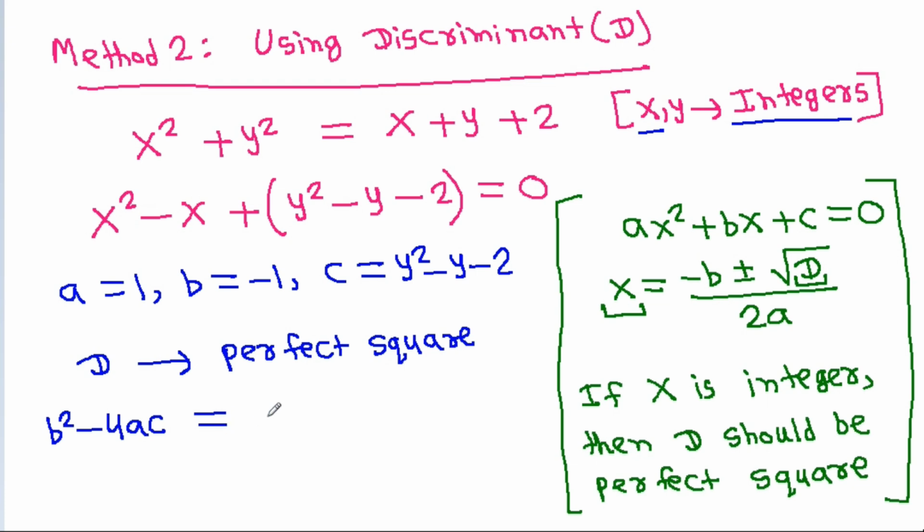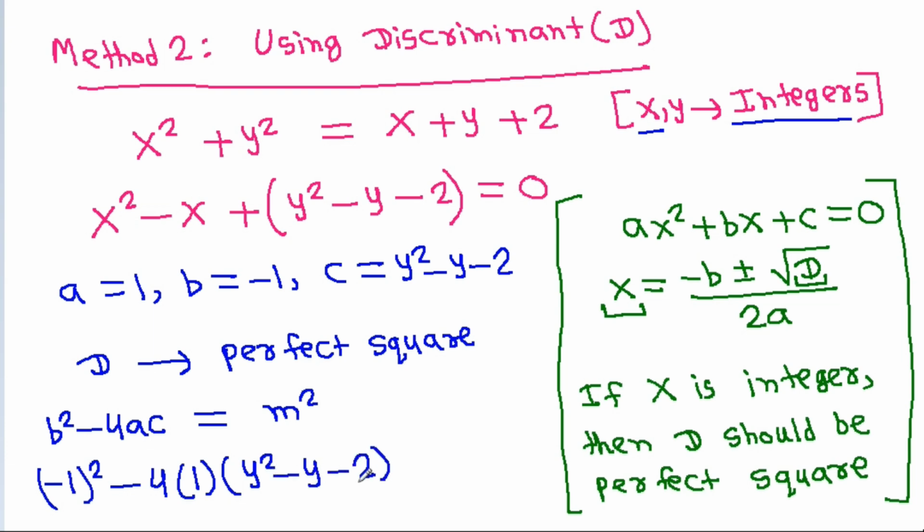It is equal to, suppose, M square, and B is minus 1 square minus 4 times A is 1 and C is y square minus y minus 2. It is equal to M square.